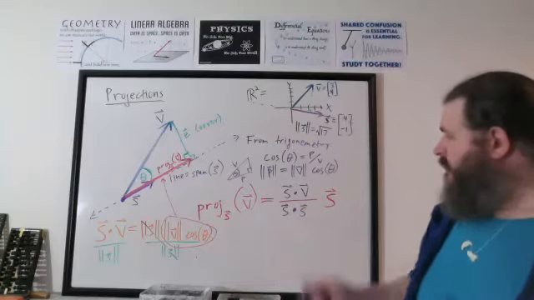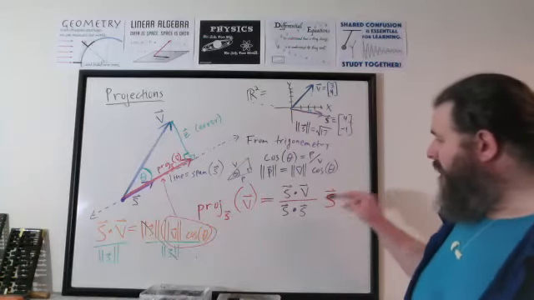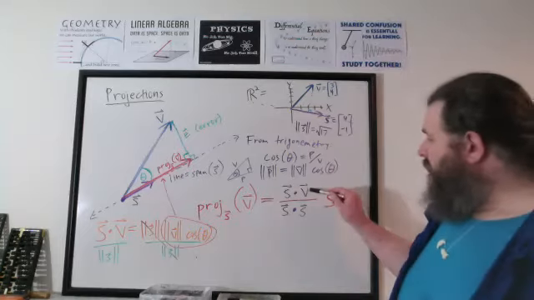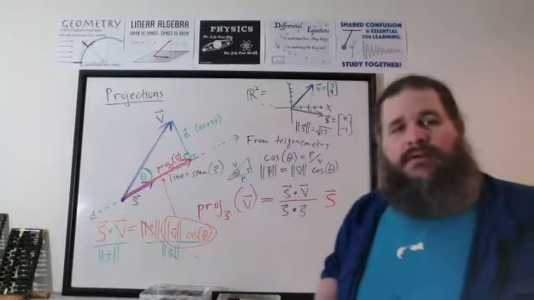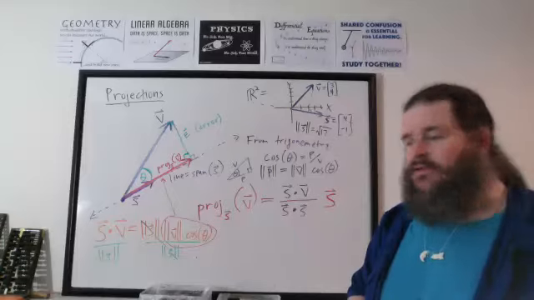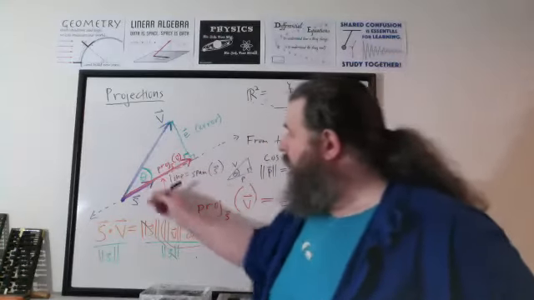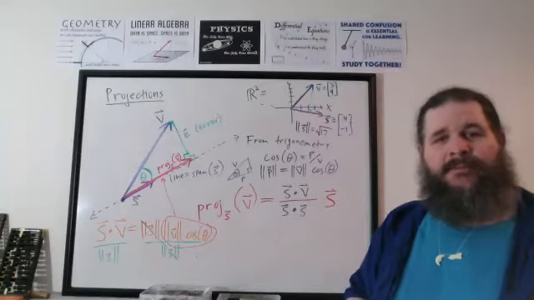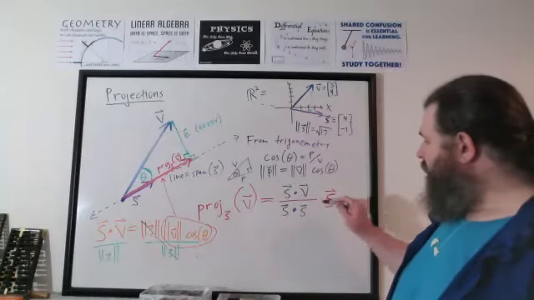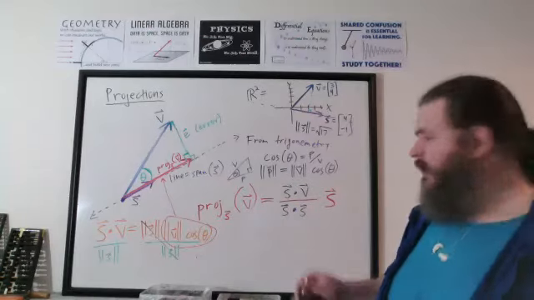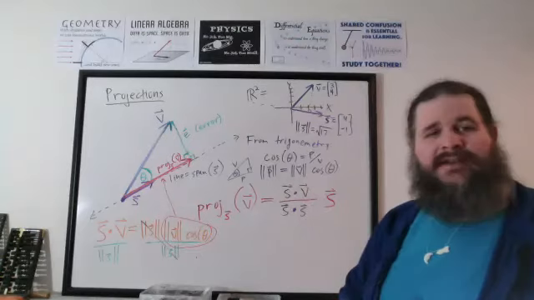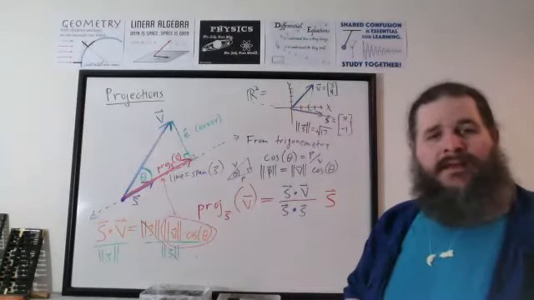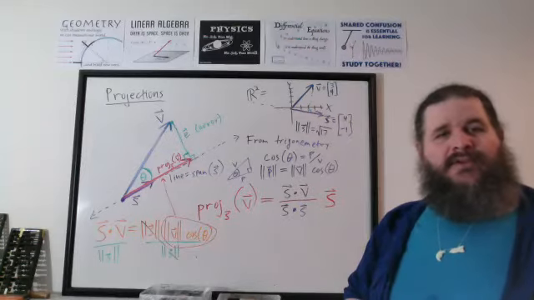The reason this works: the times S, just a scalar times S, guarantees that the result will be in the same direction as S. But the S dot V over S dot S corrects for the magnitude using the trigonometry of this right triangle to guarantee you have this adjacent side as the result. So the times S guarantees the right direction. The scalar multiplier guarantees the right magnitude to get the projected vector. Any questions on that formula so far?